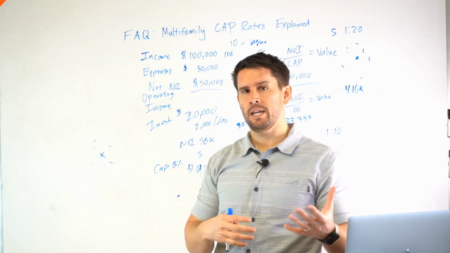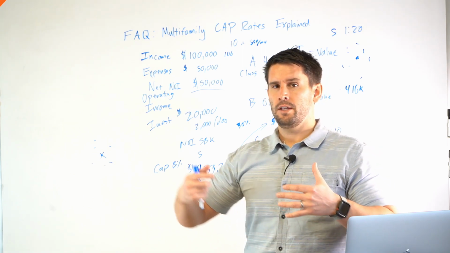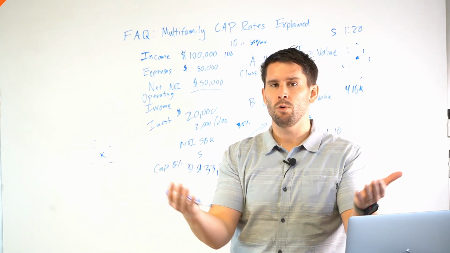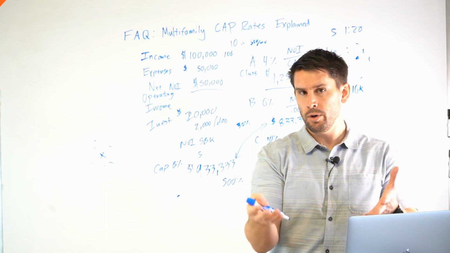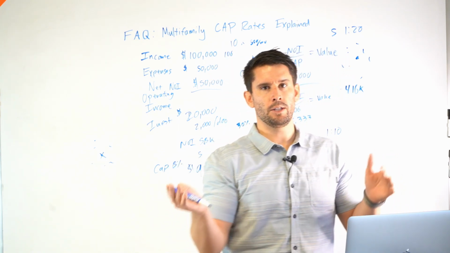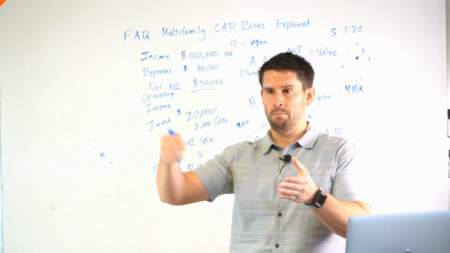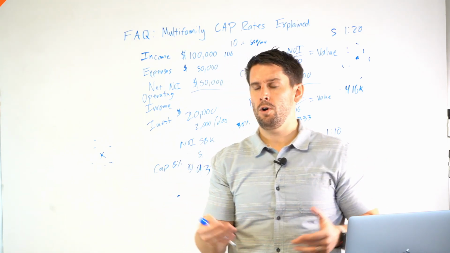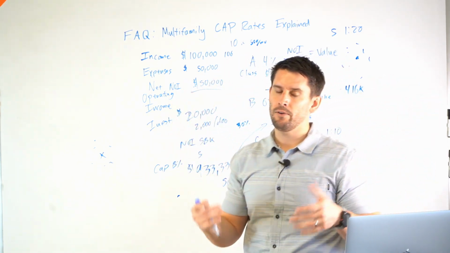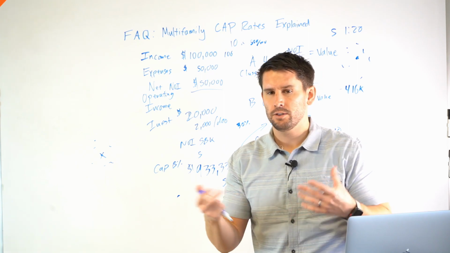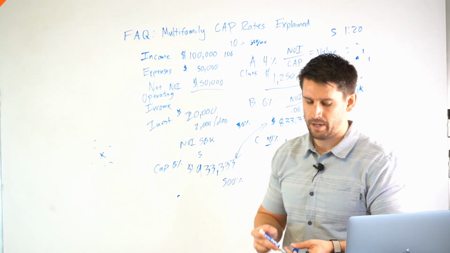Typically in single family, cap rates aren't really used because homeowners will pay more sometimes. An investor will pay $200K for an asset that rents for $1,500 a month, but a regular homeowner might say, oh, it has great granite, I'll pay $220,000. So you can't really use cap rates too well in single family.